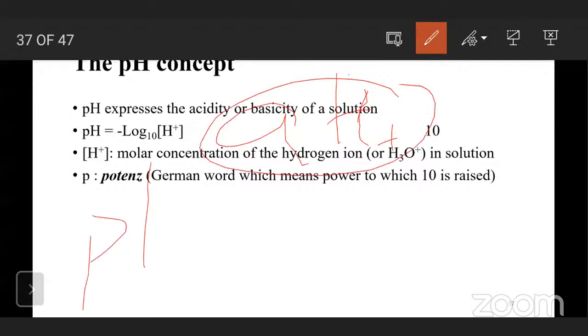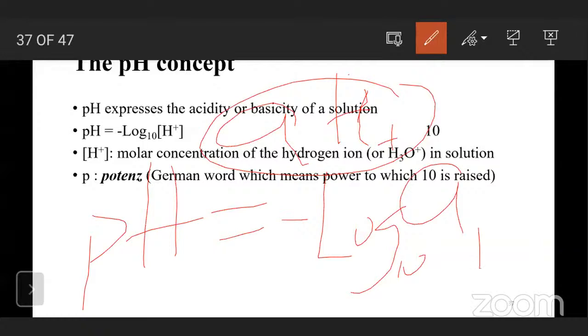So we'll be relating the pH of that solution to the negative logarithm to base 10 of the activity of the hydrogen ion, instead of calling it the concentration of the hydrogen ion, depending on the degree of dissociation of that acid. So what does this P represent?